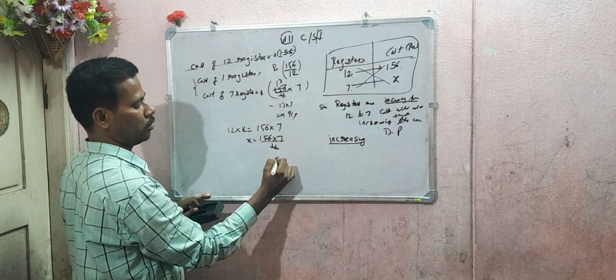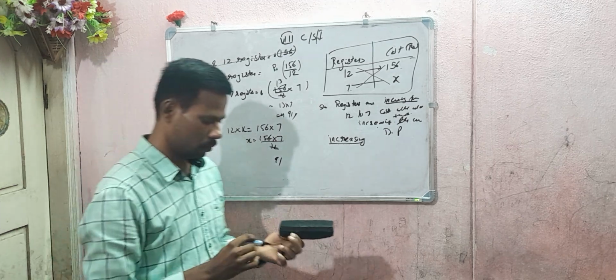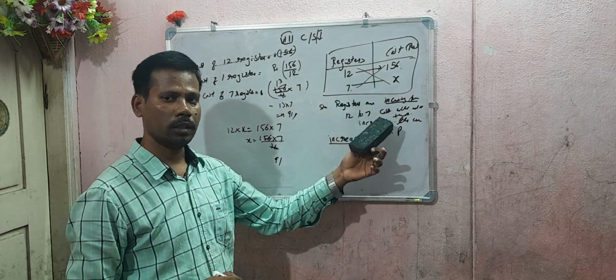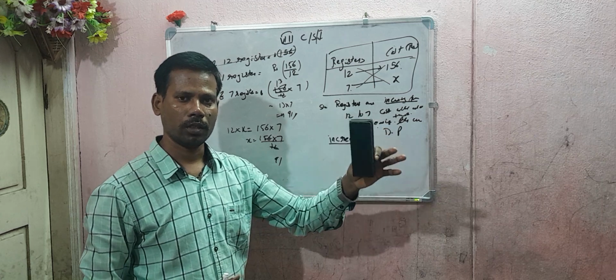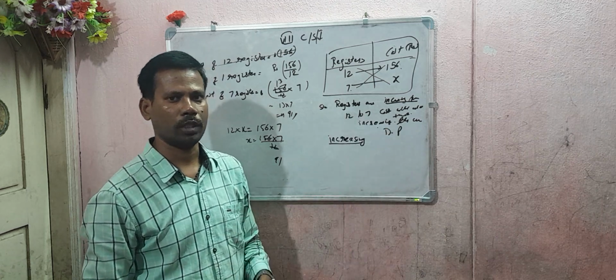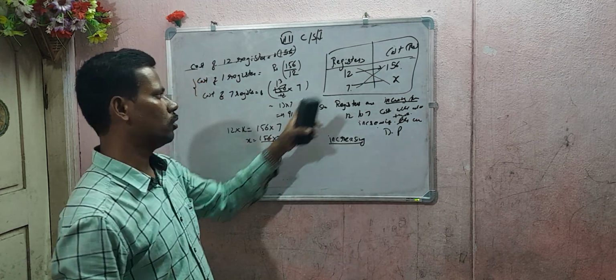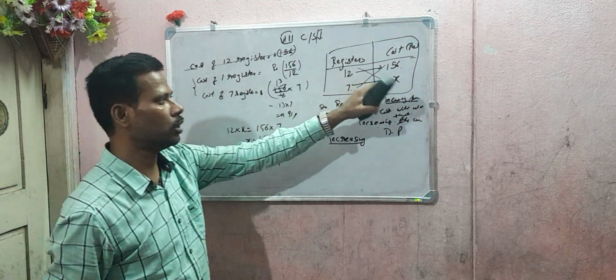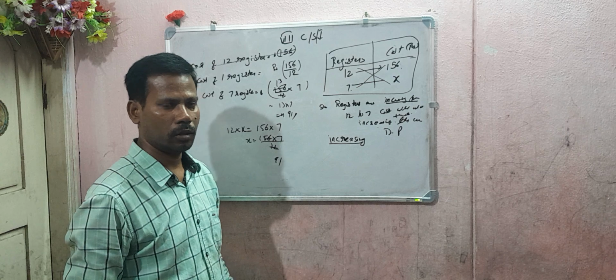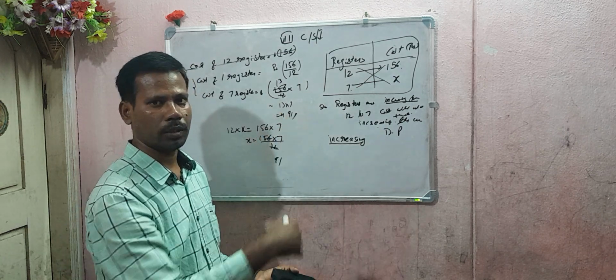Same thing, 91. But when you do this box method, you should write: as the registers are increasing, cost is also increasing, therefore they are in direct proportion, therefore you apply this. This is logical thinking, while the other is just by formula, cross multiplication.